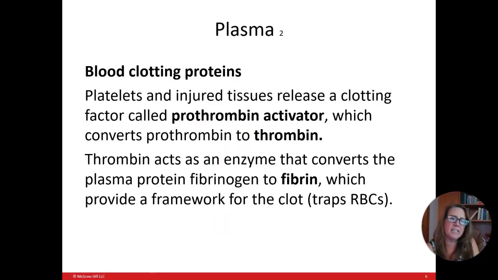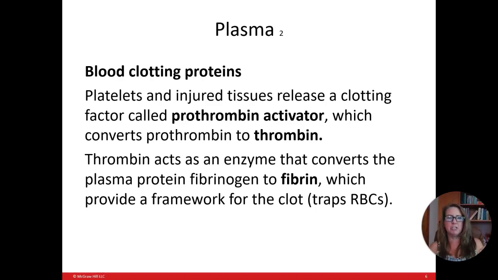On your study guide, there are some terms that you should know, and essentially it's the proteins that are involved in that cascade of events that occurs when you cut yourself to when you form a clot or a scab.